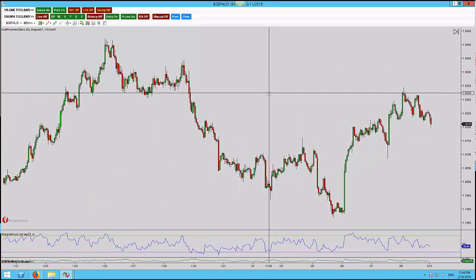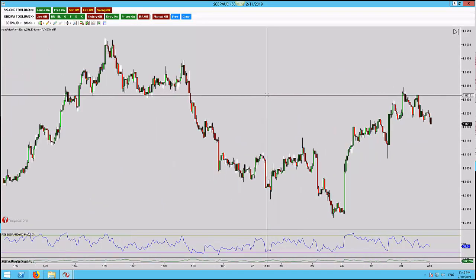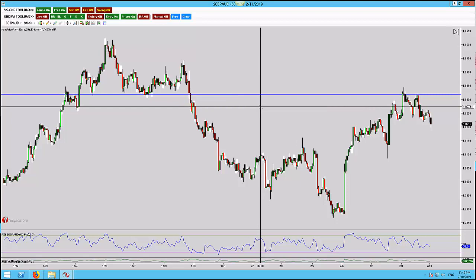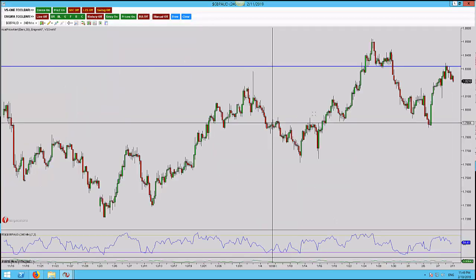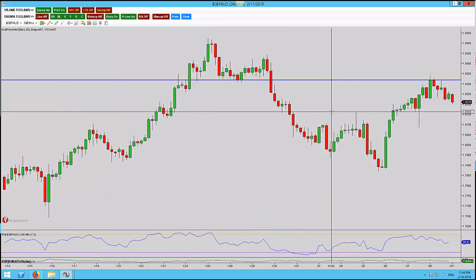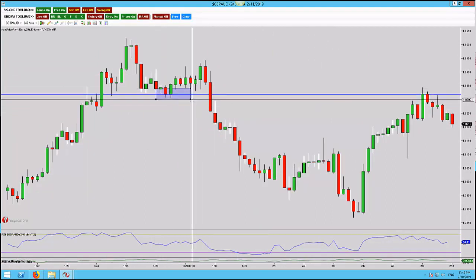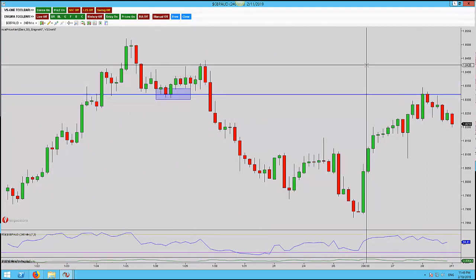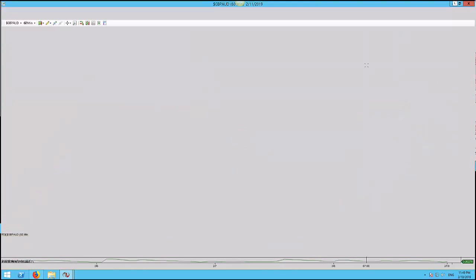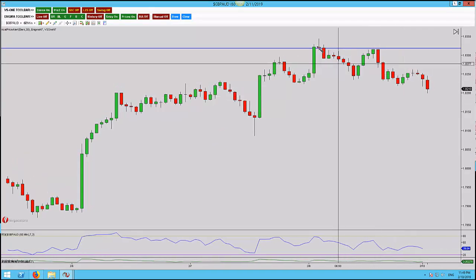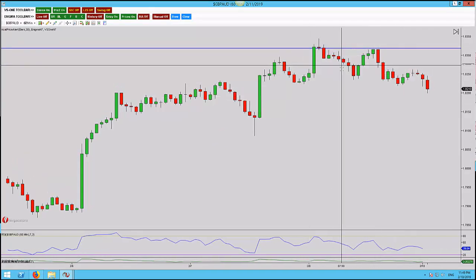I'm going to go ahead here and put a structure level on there, there. Okay, need to go up to the 240. Here on the 240 you can see this structure level here and here, it's not being violated, it's held. Here on the 60 though, you can see that we just about made a new high.